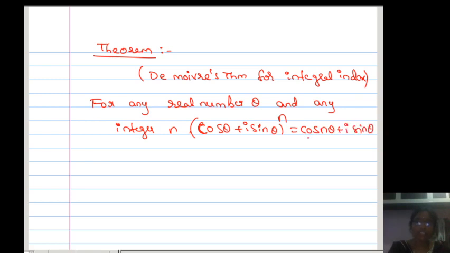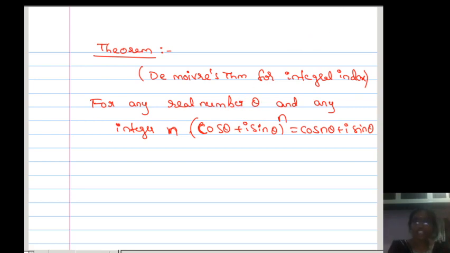I want to prove this for any integer n. N means what here? Either a positive number, a negative number, or 0. So we have to prove it for three cases. If n is a positive number, meaning natural number, what happens? If n is equal to 0, what happens? If n is a negative number, what happens? Is this relation true for all cases? Let us see. And theta is any real number, meaning whatever the angle, the relation is true.